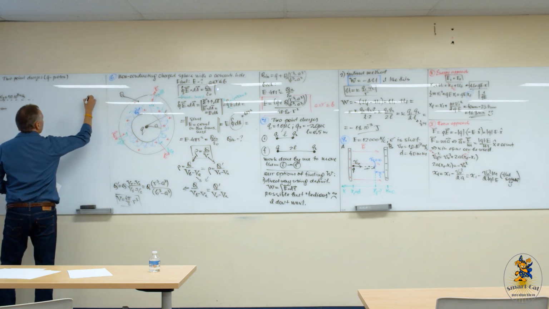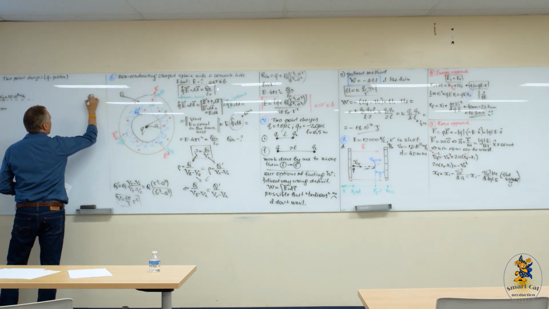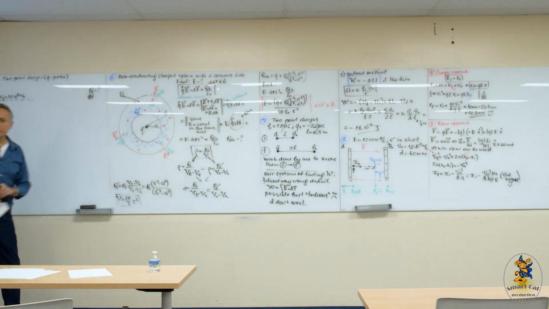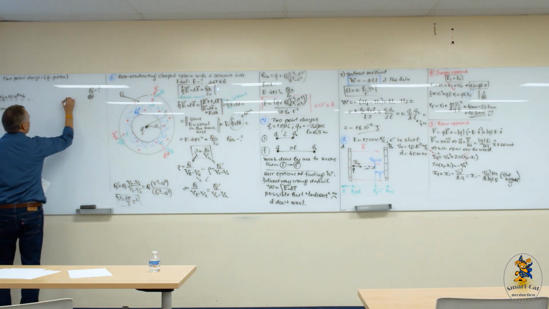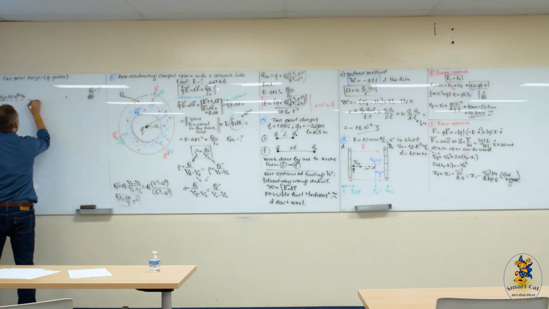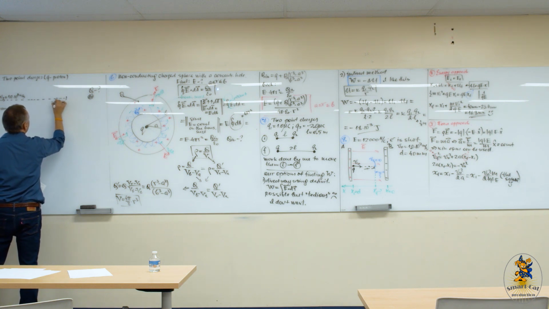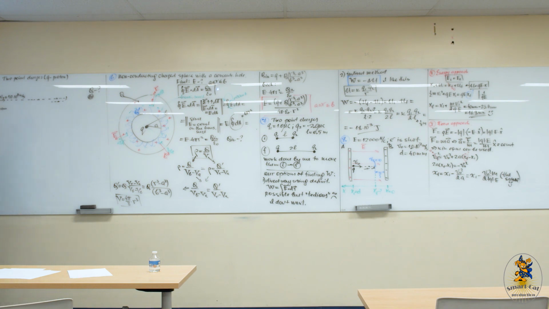And so I want here to position Q capital, which we want to find, how much charge, so that this proton would stop over here, turn around, and move away.